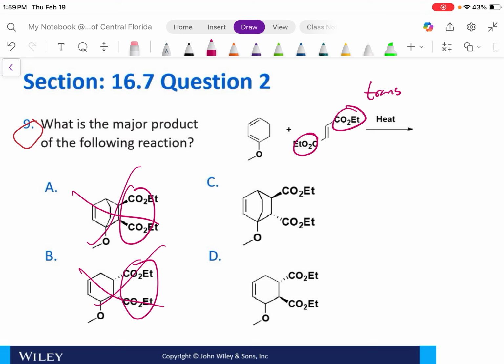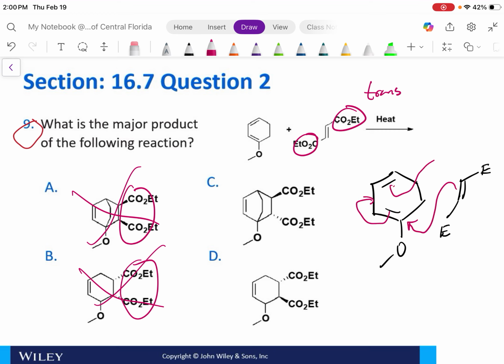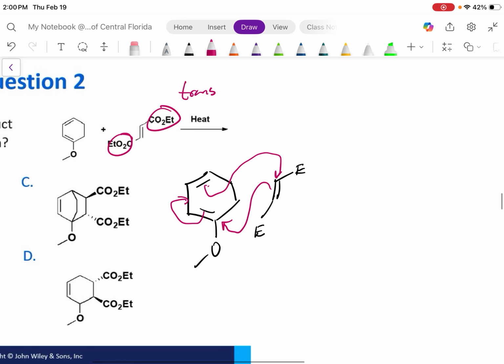And now if we just draw our mechanism here, like this, hopefully you guys can see. I'm just going to go E for electron withdrawing group to keep it simple. That's going to come in and attack that carbon. Those will go there, go like that. And so what bonds are we forming?